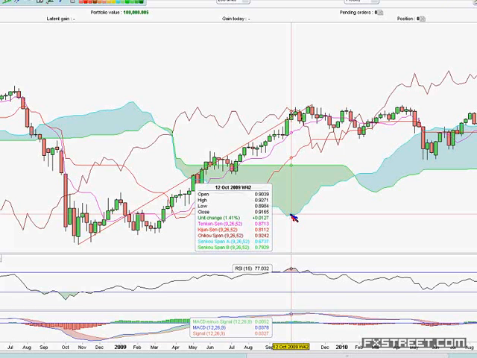I know the textbook rule for an engulfing candle is that the body just takes over. So obviously in a bullish engulfing, the green bullish body takes over the body of the red candle, and bearish is reversed.